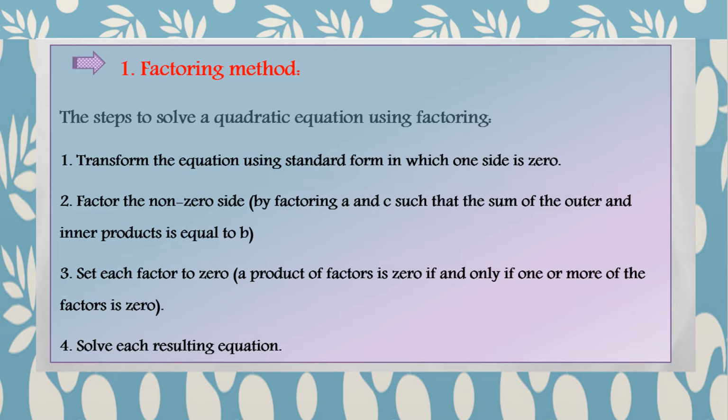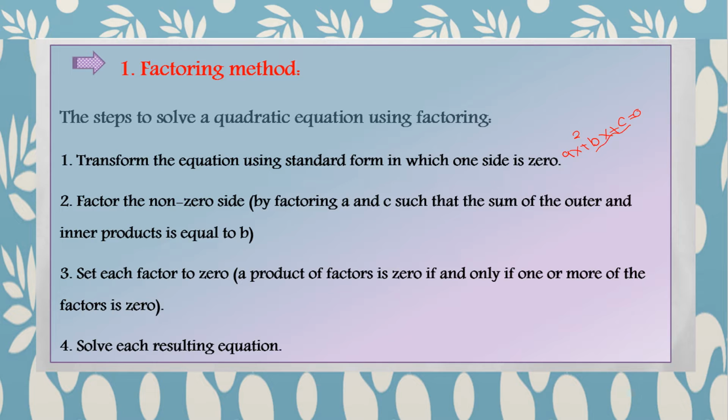Let's start with the factoring method. There are some steps to solve a quadratic equation using the factoring method. The first step is to transform the equation into standard form in which one side is 0. Again, this is the standard form, ax^2 + bx + c = 0.